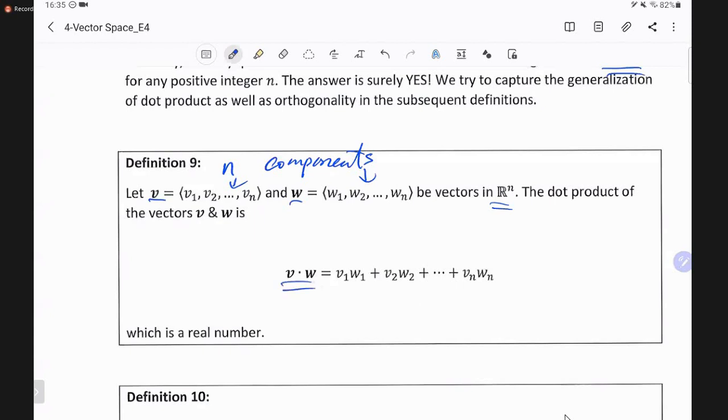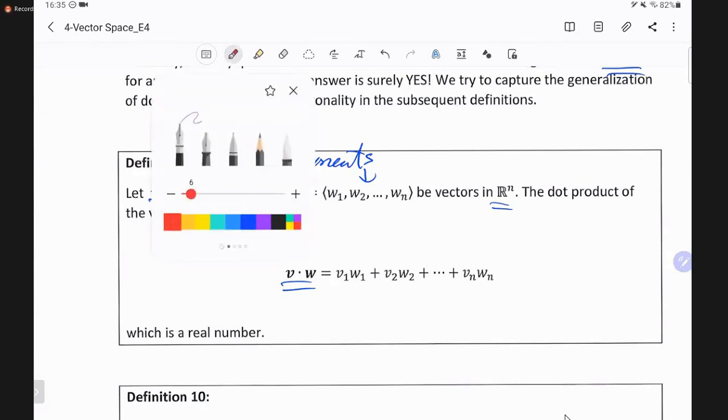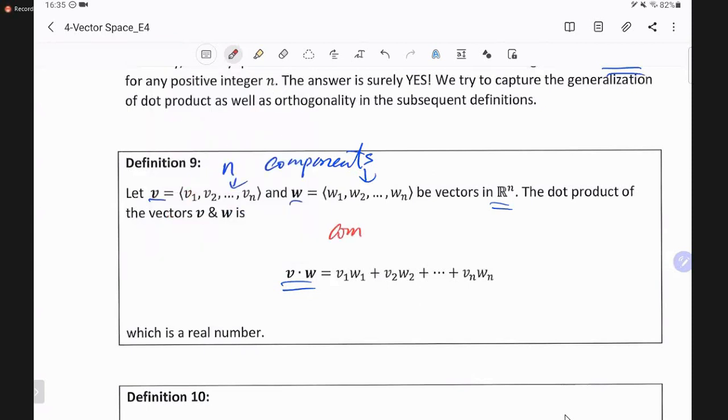Symbolically, we use a similar notation, v dot w, for the dot product. You are going to operate the dot product component-wise. I won't write that out for you because with n components you would see many terms over there, but I hope you can extend from definition 8 to come up with the conclusion for this definition.